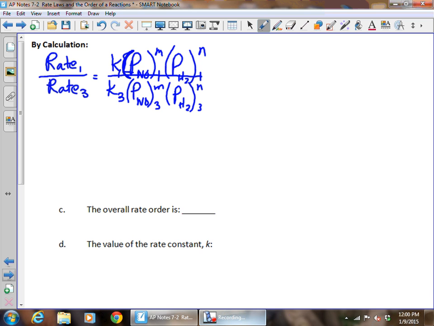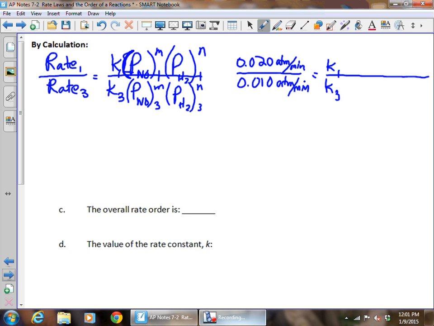Rate 1 is 0.020 atmospheres per minute. Rate 3 is 0.010 atmospheres per minute. We've got K1 over K3.